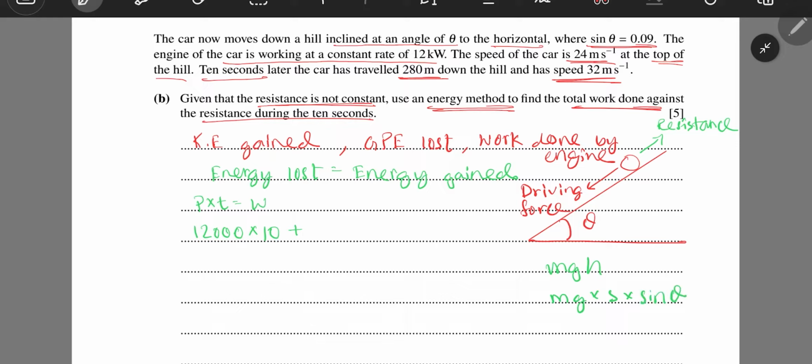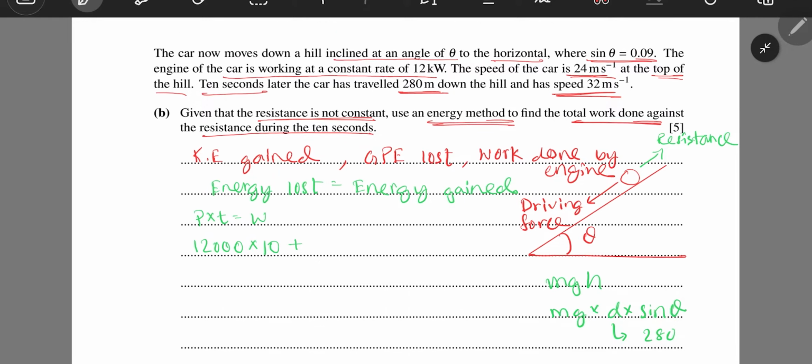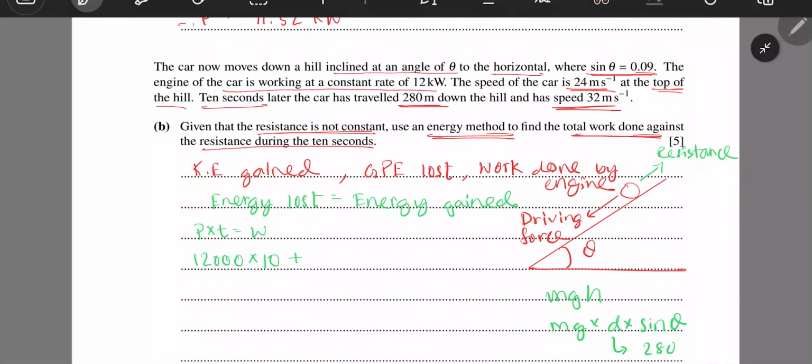Or if you actually solve it, d sine theta would be more appropriate in this case. So mg d sine theta, d is just the distance traveled, or the length of the hill. So 280. So mg, the car's mass was 1600.